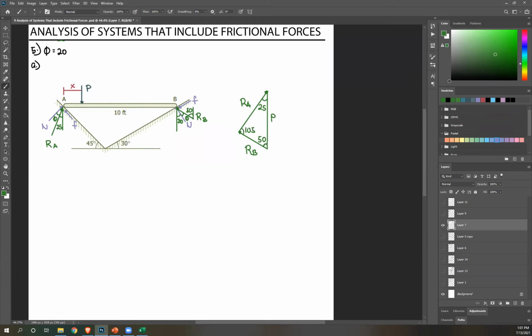And then from this, you can create the equations relating RA, P and RB. So let's begin. Sine law: side over sine theta equals side over sine theta. So let's say RB over sine 25 equals P over sine 105.